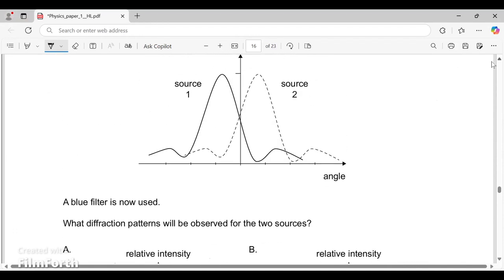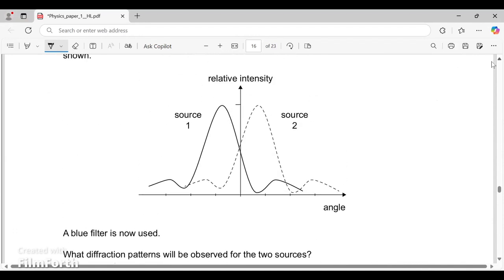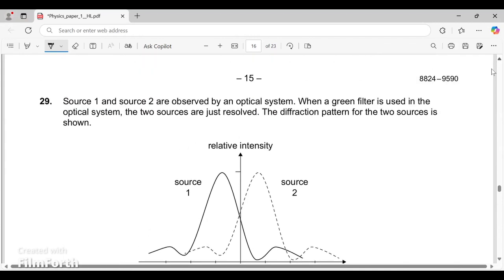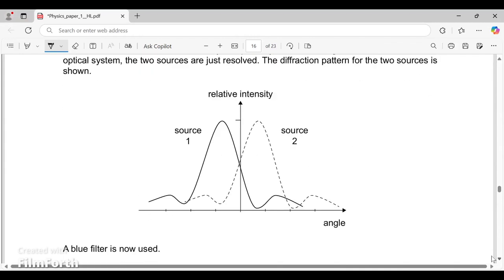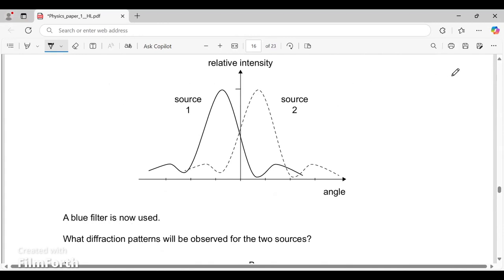Right. If you look at this diagram, the blue filter will provide better resolution between the two sources because the angular resolution limit improves with shorter wavelengths.